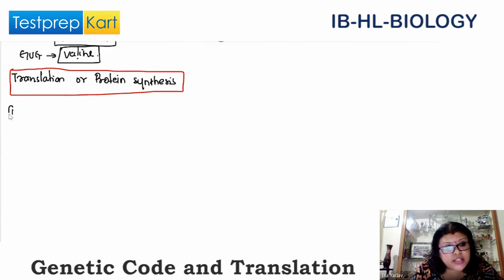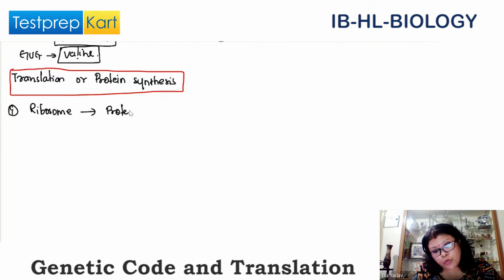The first thing we need is the ribosome. Ribosomes are called protein factories.